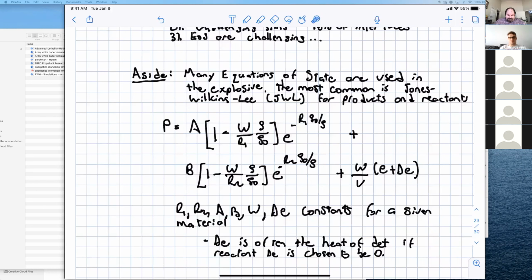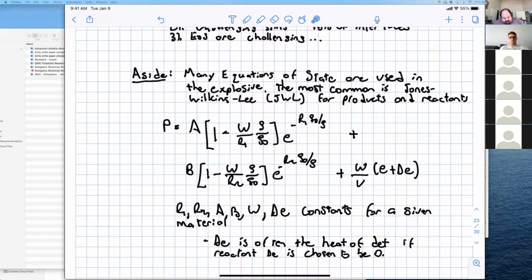But that document does exist. Granted, all the parameters needed for JWL to model blast for a given explosive are way out of date, and the modern version of that document is not publicly accessible.